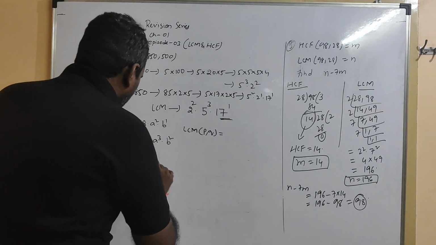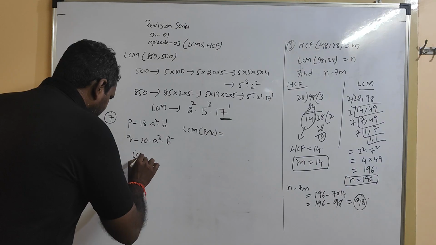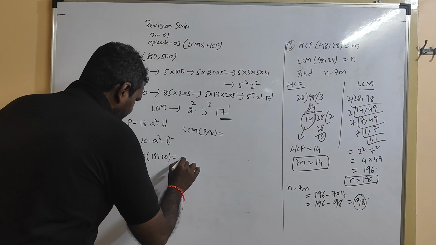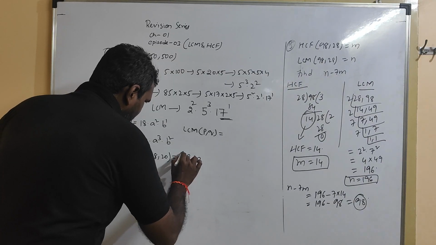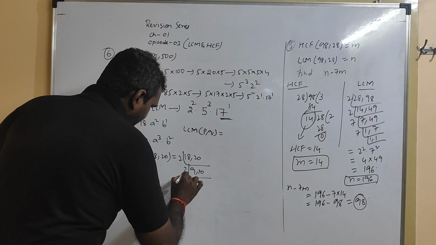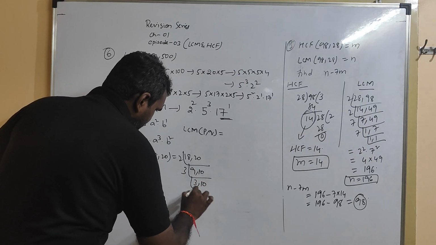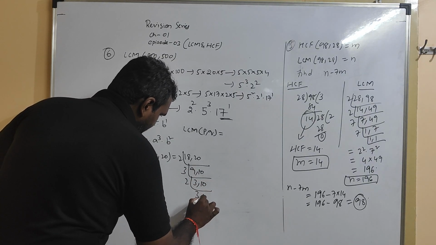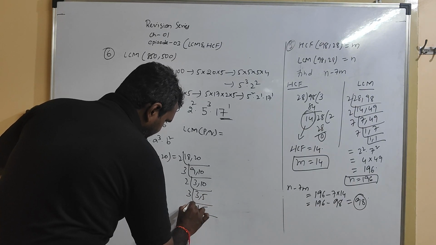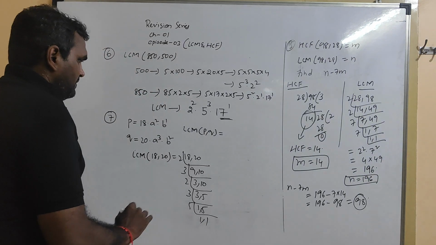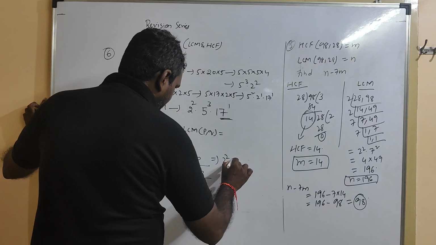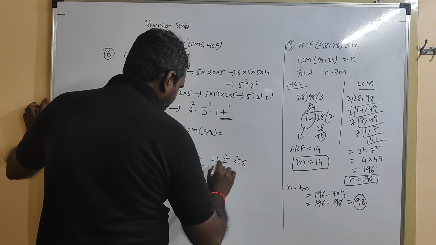So what I will do, the LCM of 18 comma 20 is how much? 18, 20, 2 table 9, 10, again 3 table 3, 10, 2 table 3, 5, 3 table 1, 5, 5 table 1, 1. So the LCM is 2 square into 3 square into 5.